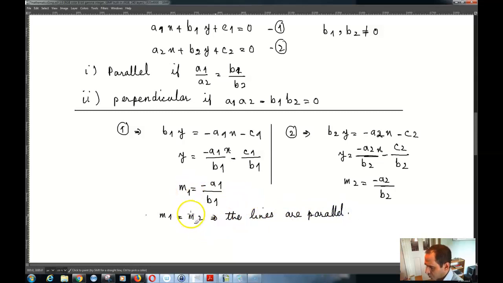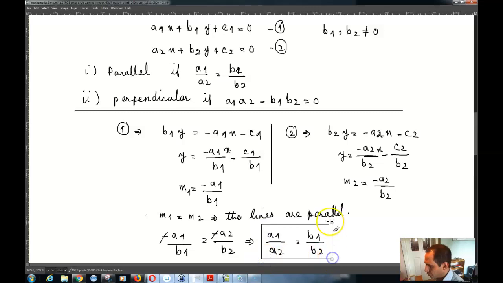So m1 is equal to m2 means negative a1 over b1 is equal to negative a2 over b2, which you can cancel and simplify. You can write this as a1 over a2 is equal to b1 over b2, and that is basically what we were looking for.